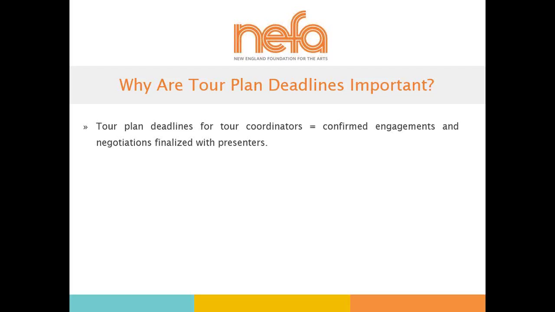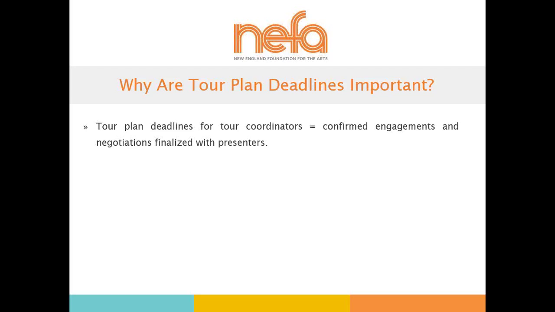So, for instance, if a tour plan comes into us with 4 different presenters on it, they may divide that $35,000 up differently between each presenter, depending on what each engagement is going to include, as well as where that presenter is in the country. There's a number of factors, as many of you know, that go into those negotiations.